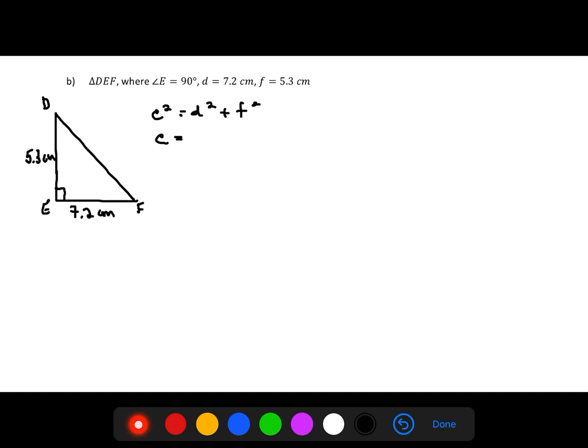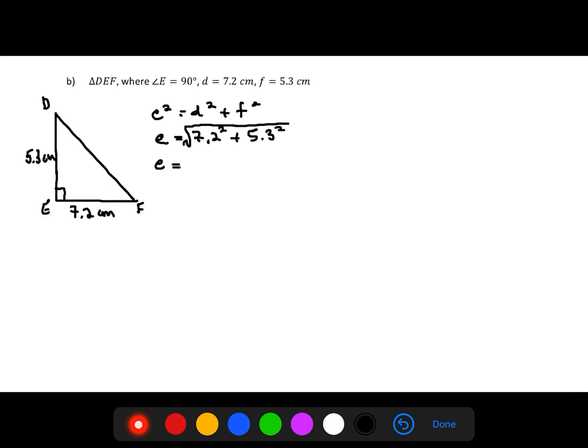We know that E squared is going to be equal to D squared plus F squared. And we're going to calculate E by taking 7.2 squared plus 5.3 squared, and we're going to square root that entire answer to figure out what E is.